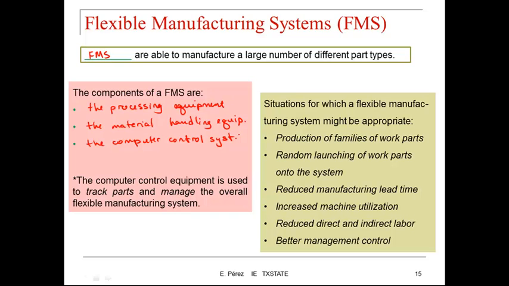So this is what is tracking the processes, the number of parts that you're processing, and so on. Some of the situations for which a flexible manufacturing system may be appropriate include production of families of work parts, random launching of work parts onto the system, reducing manufacturing lead time, increasing machine utilization, reducing direct and indirect labor, and better management control.